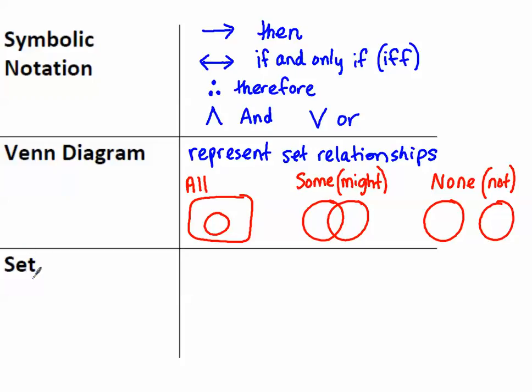And then when we say set, that's the groups that we're comparing. So it's the collection of objects, maybe the collection of numbers, or the groups that are being compared, such as the Redskins and the Cowboys in my previous example.